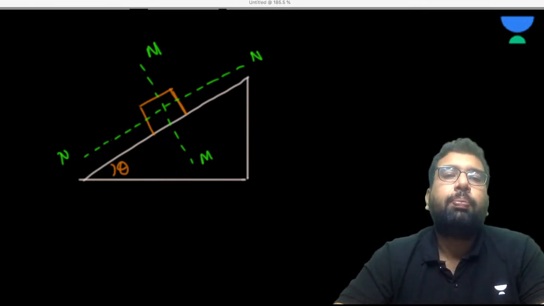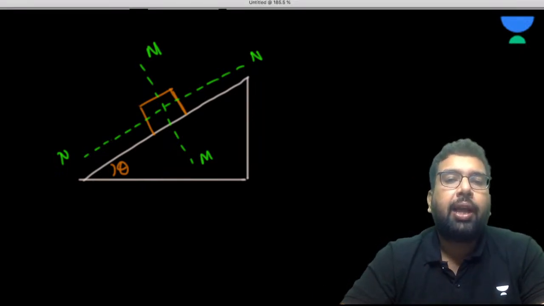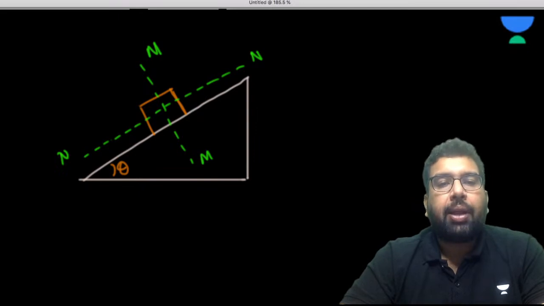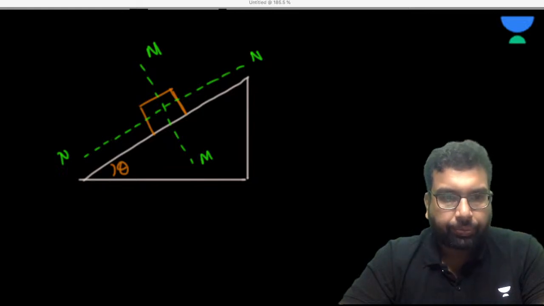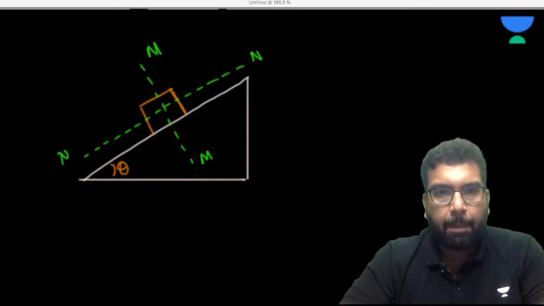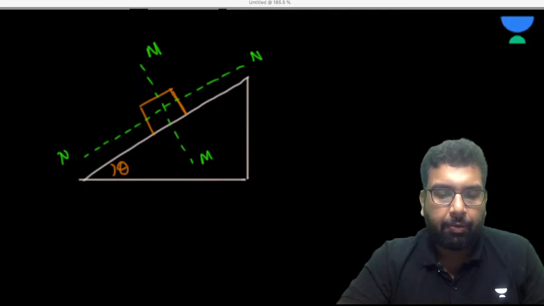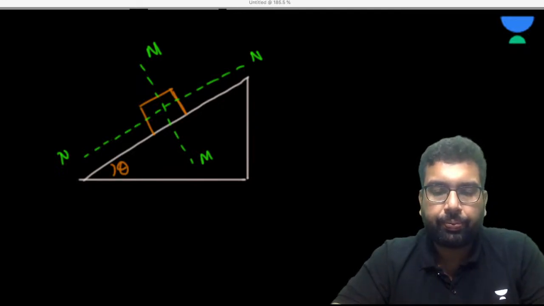What is going to be the component of the weight of this body along the n and m directions? Very, very useful, a very standard case of an inclined plane. Please try to do that. I'm very sure we can do it.